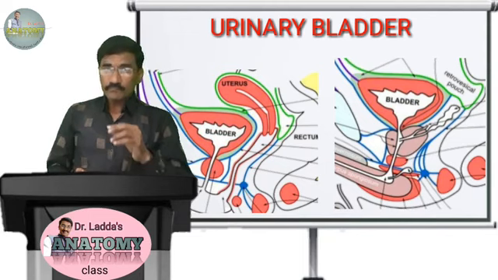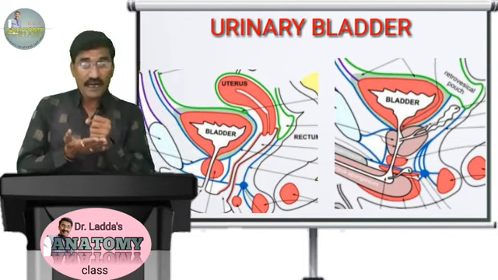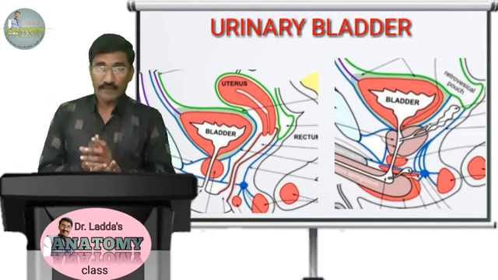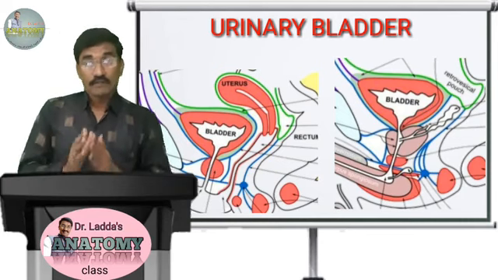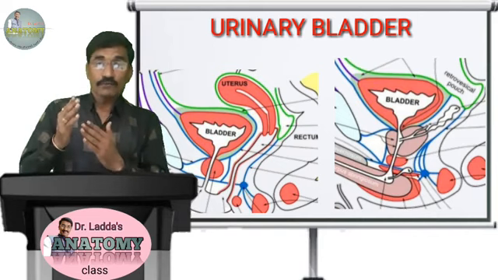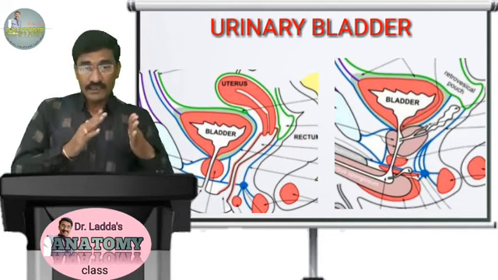So in male, in relation to the neck there is one gland, the prostate gland, and in female there is no prostate gland. Now if we are going to think about the relations of the neck, we are supposed to consider the relations of the neck in female and in male.